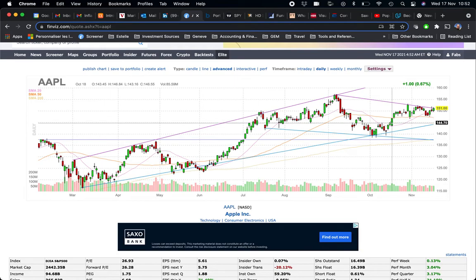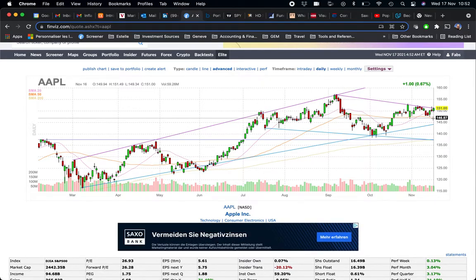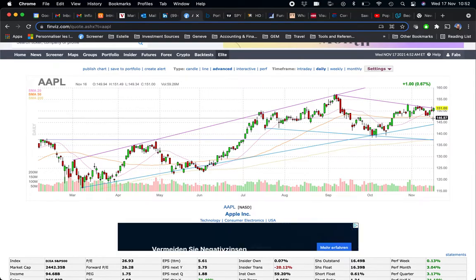Remember, you bought at 145. If you put a stop loss at 147, just below, we can still make a $2 profit, which represents something around 1% on your position.